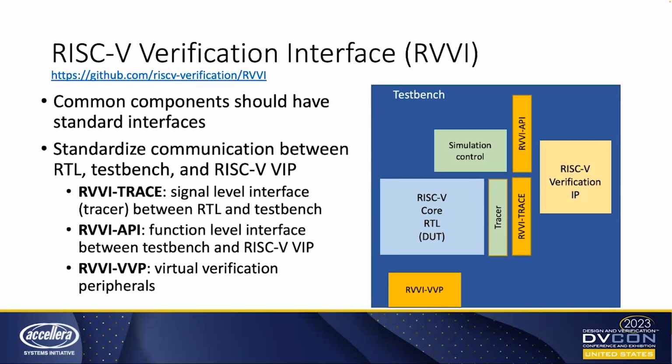There are three parts to the RISC-V verification interface. There is the RVVI trace, RVVI API, and RVVI virtual verification peripherals, or VVP. In the next slides, we're going to take a look at the first two, where the third one is outside the scope of this presentation.